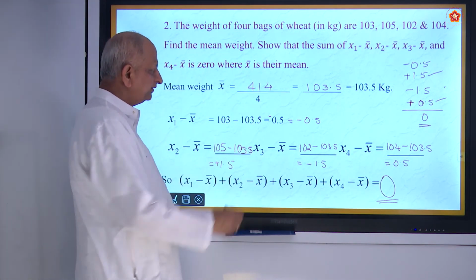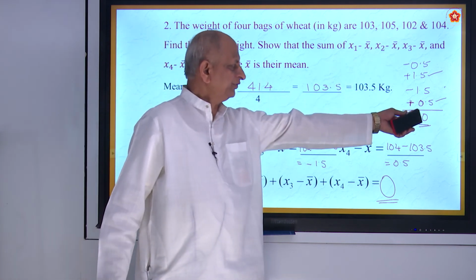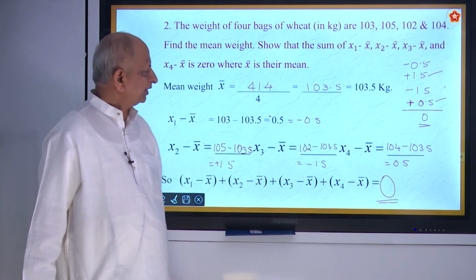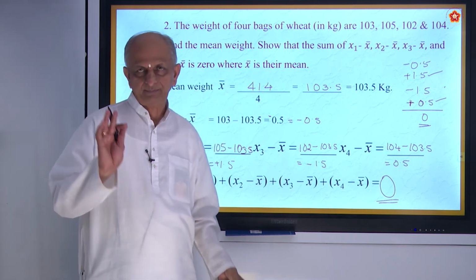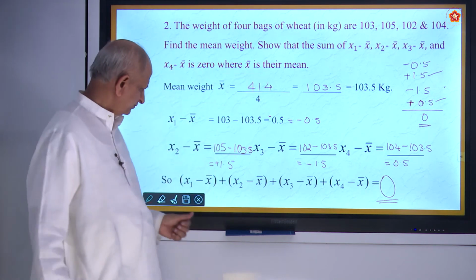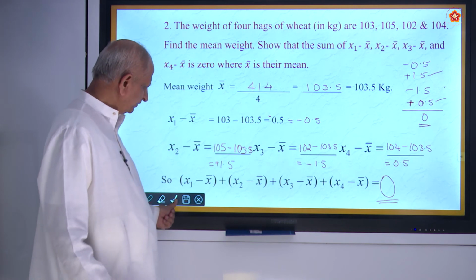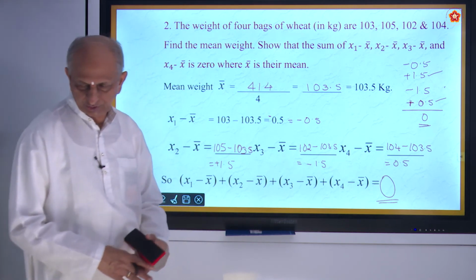So add all this, that gives 0. So you are asked to find out that it is 0, where x bar is the mean. Noted? Very nice. We will pass on to next question.